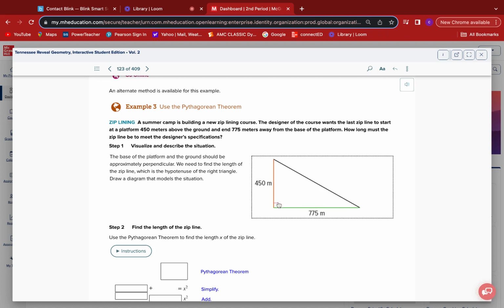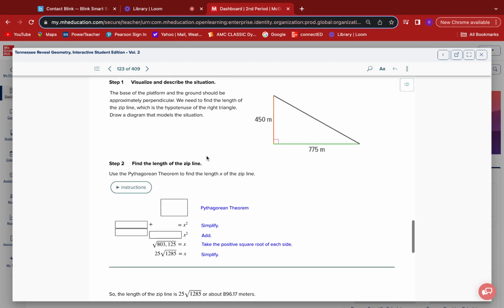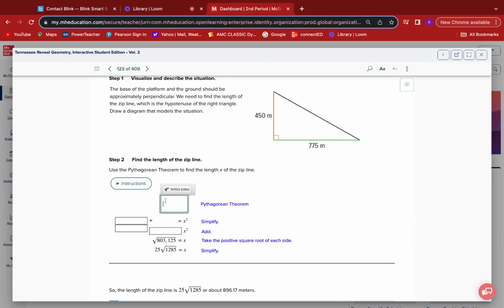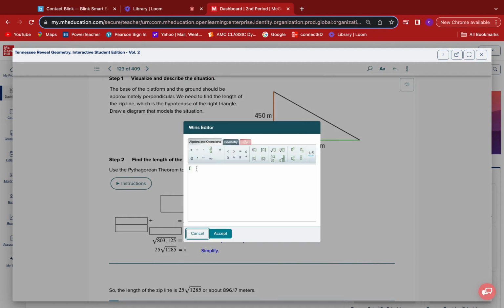Well, we are looking for the side across the 90, which is our hypotenuse. And I think that's what they're talking about in step 1. And we're going to use the Pythagorean theorem, which is a squared plus b squared equals c squared. All right, so a squared plus b squared equals c squared.